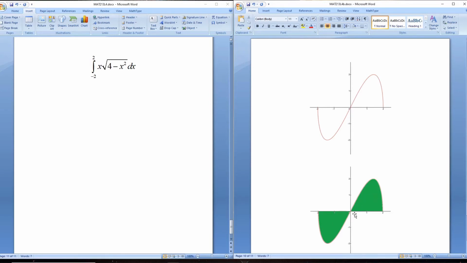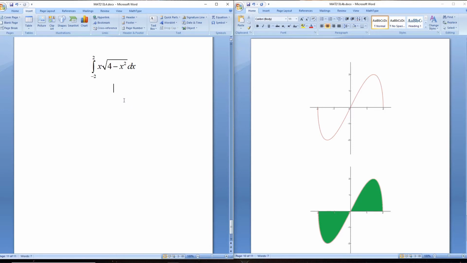And these are symmetric, so you should be predicting that this integral will equal 0, because the integral is going to measure an equal amount of negative area to positive area. So our prediction here is that this integral should be 0.